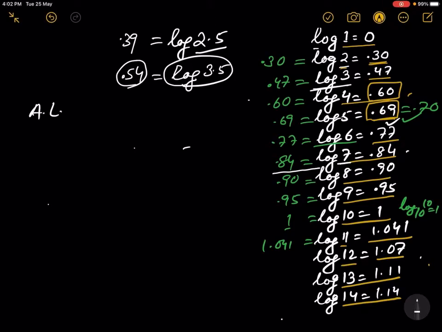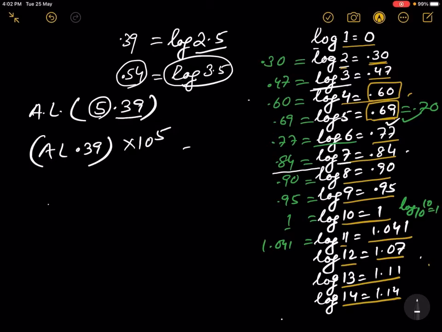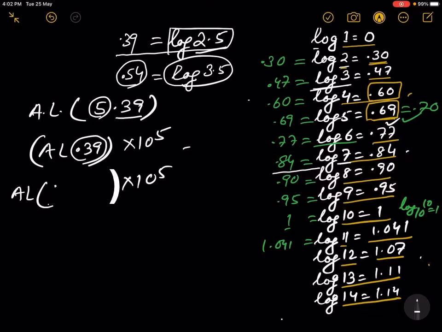Before the decimal point there is 5, so it should be written as 10 to the power 5, and this part is written as anti-log of 0.39. 0.39 is log 2.5. So I can write anti-log, and this 0.39 is written as log 2.5. Then you know anti-log and log cancel, so it becomes 2.5 into 10 to the power 5.